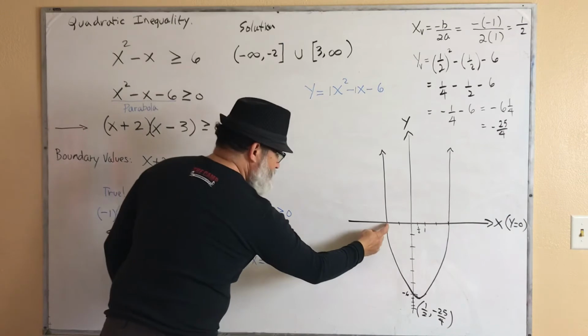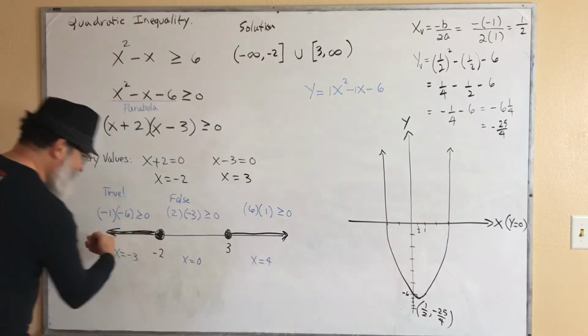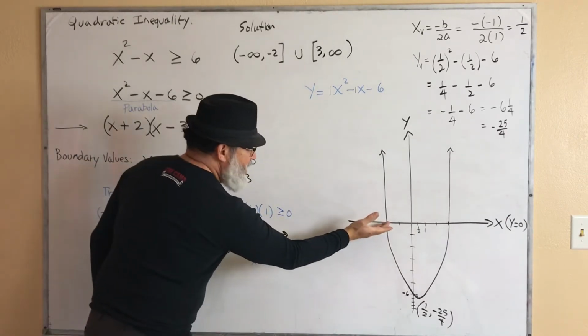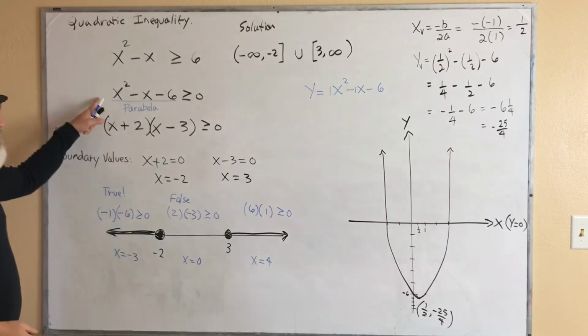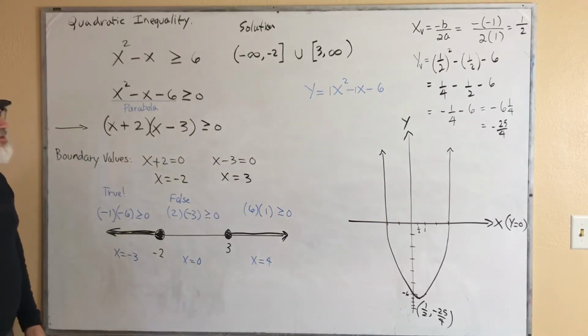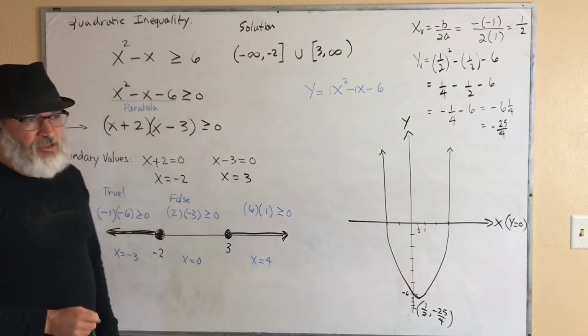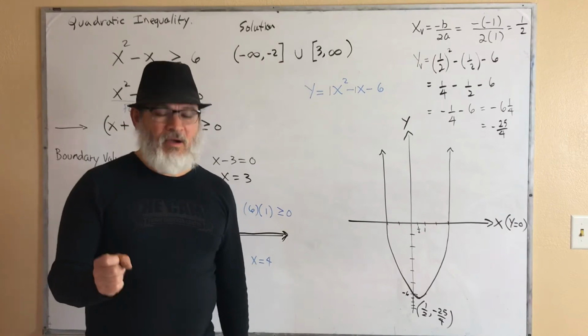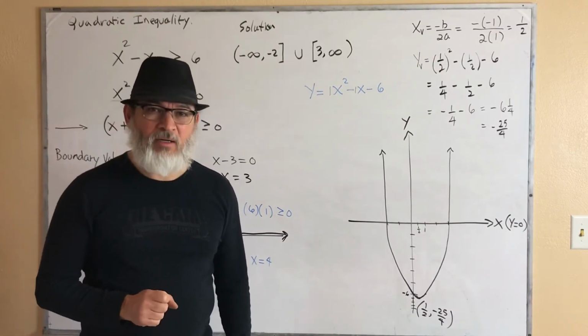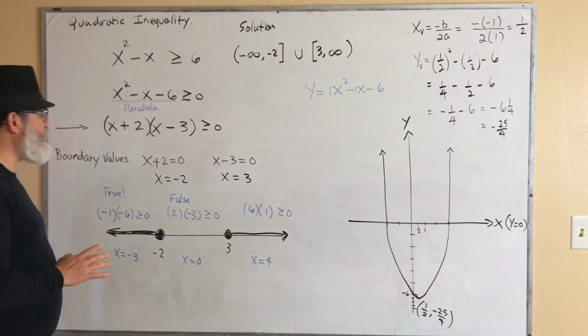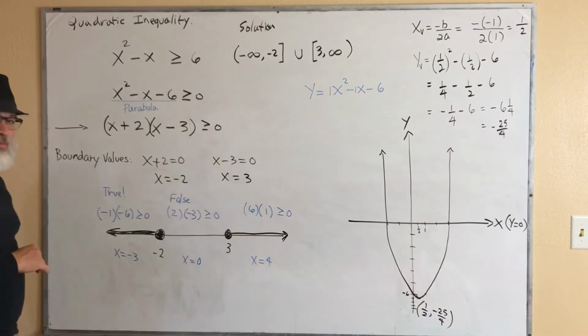From negative 2 to the left, the parabola is above or equal to 0. That's what this is saying. Okay, good class. All right. So therefore, this is section 3.4.